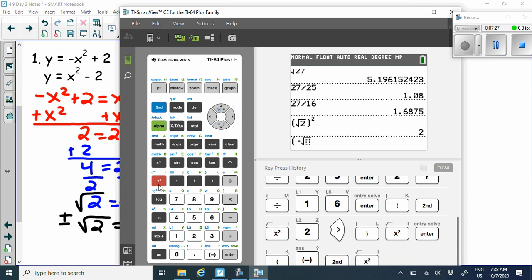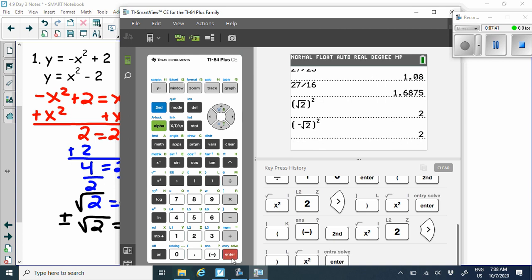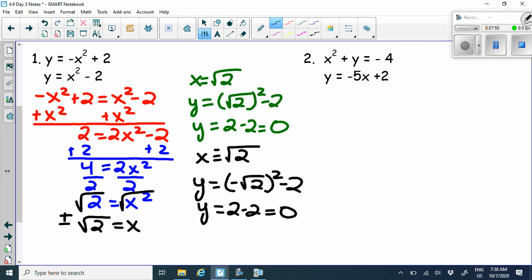So for those with graphing calculators, you'll do parentheses, negative, and then square root of 2, and then parentheses. But for those with scientific, you will have to do 2 sets of parentheses, okay? And then we'll do squared. And that still also gives us 2. So we get y equals 2 minus 2, which gives us 0.